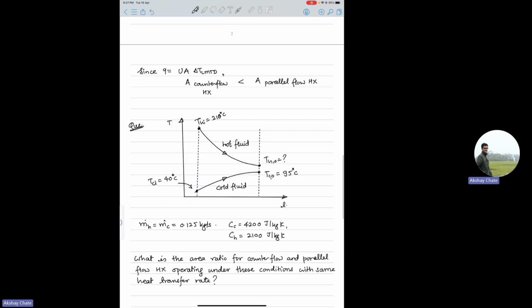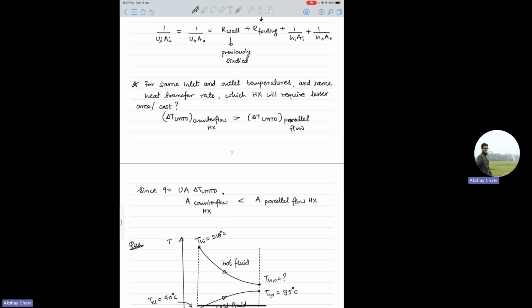So it is just an application of what I just mentioned in the discussion.